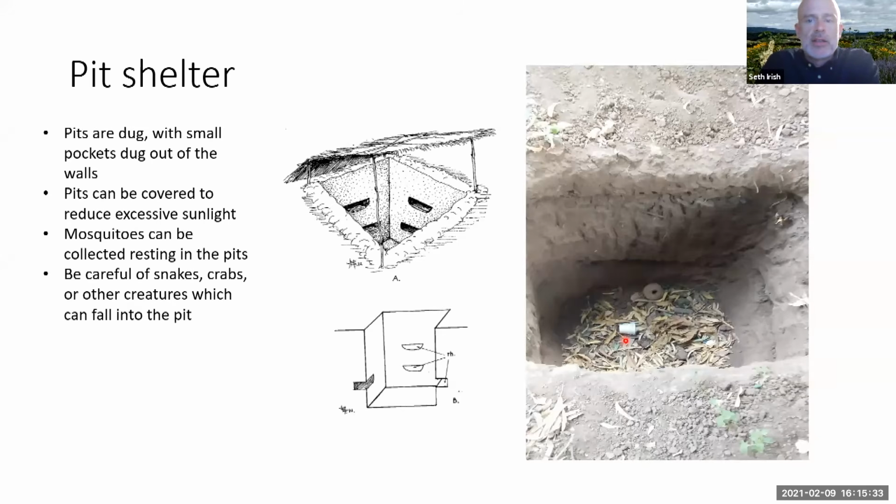And oftentimes it's a good way to get mosquitoes resting outdoors. However, I do want to stress that before you hop down in the pit, make sure you look in the pit to make sure that there's not anything else down there. We've had several cases, not so much recently in Ethiopia, but elsewhere, where other animals have crawled down into the pit. And so you don't want to jump down into the pit if there's already a snake down there or crabs or other creatures. So make sure you look into the pit before you go down.